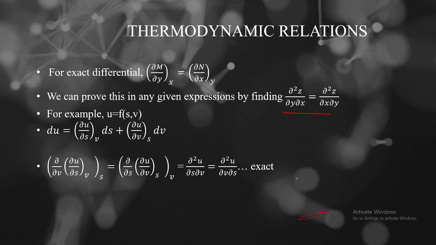So what we are saying is, from here, if I take the expression here, right, del M del y. So M we said was del z del x at constant y. If I want to find del M, it means I can put my del here, and it is with respect to change in y. So that's del y.